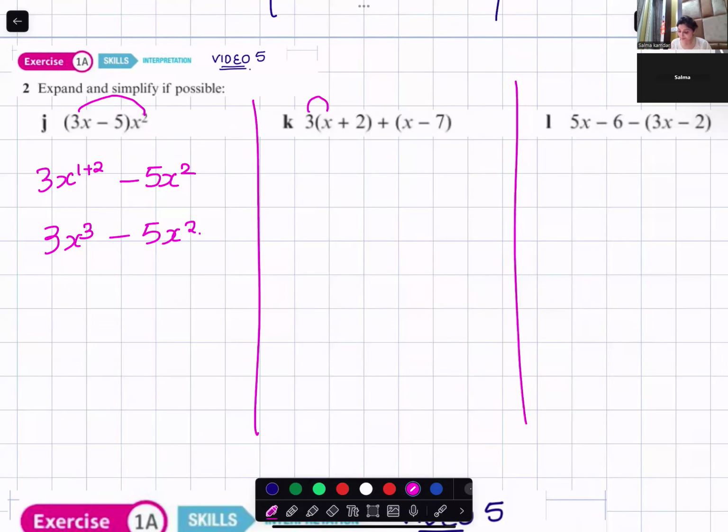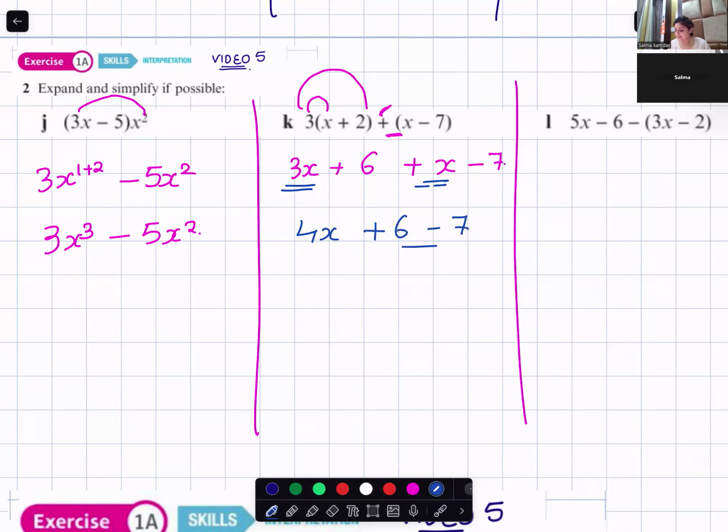Here, 3x plus 6 plus x minus 7. There was nothing to multiply. Since it was plus, the signs remain the same. All x together, all numbers together. So 3x plus x makes it 4x, plus 6 minus 7 would make it minus 1.